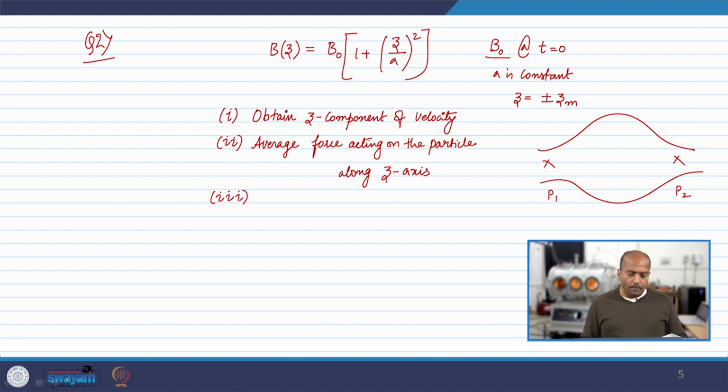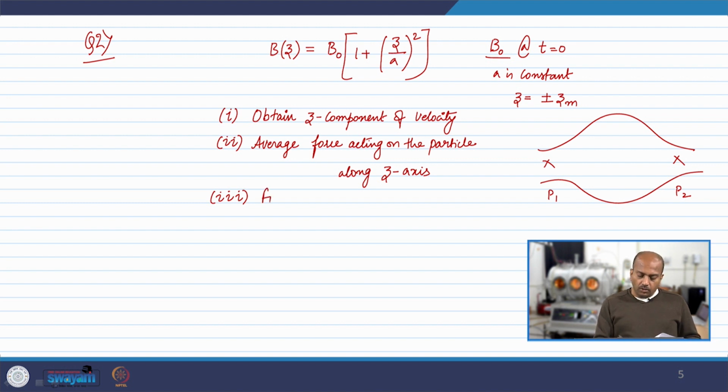Then, if the particle is of course trapped, it is going back and forth. It goes to the mirroring point, its perpendicular component of velocity becomes maximum, it bounces, and it goes into the weak field. Because now the particle's velocity is in the negative z direction, it goes again in the negative z direction. It similarly faces a mirroring point and bounces back. So this is a periodic motion, or let us say a simple harmonic motion.